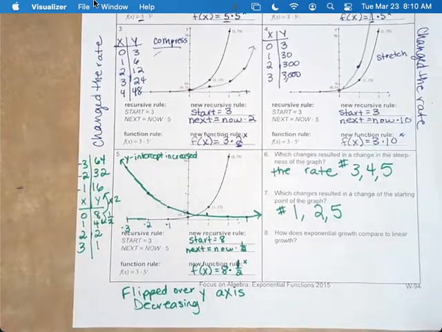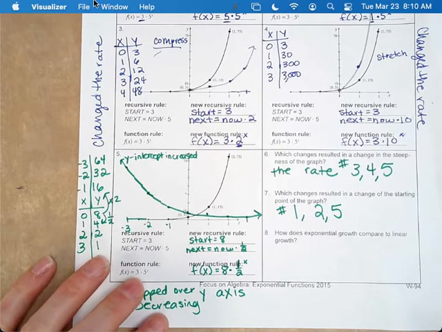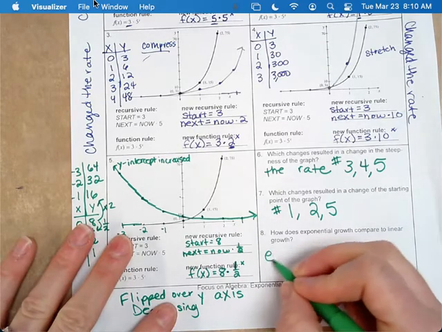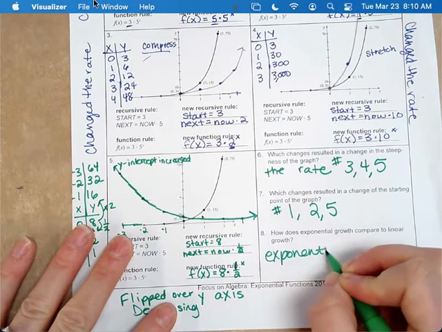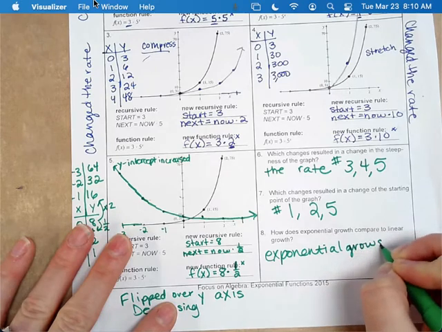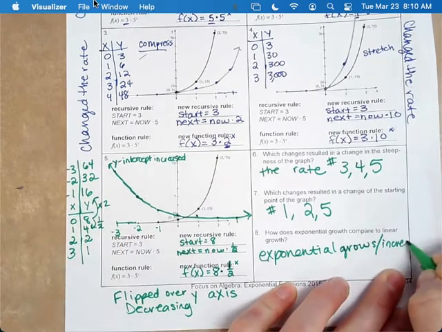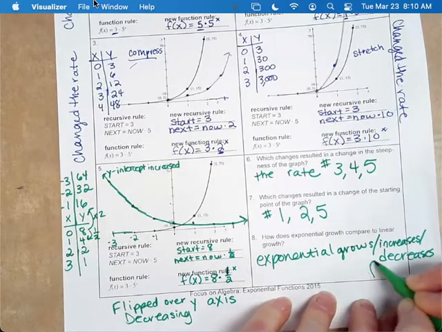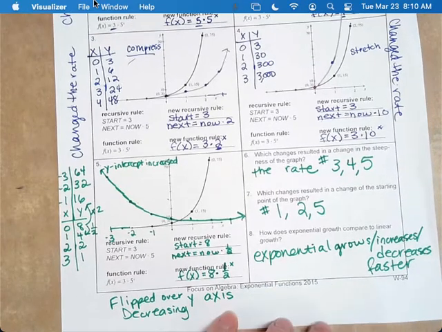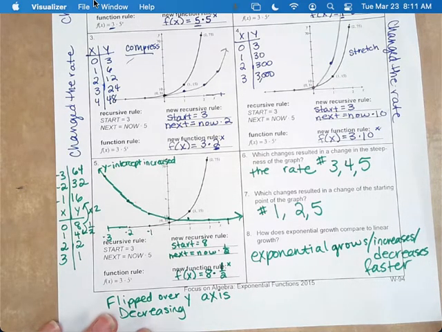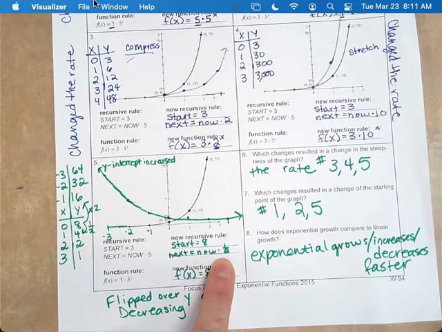How does exponential growth compare to linear growth? Faster. Grows faster, increases, decreases, or decreases faster. And what does linear do? How does linear grow, increase, or decrease? This increases or decreases by multiplying by a number.